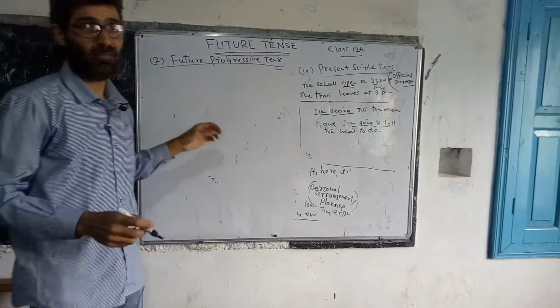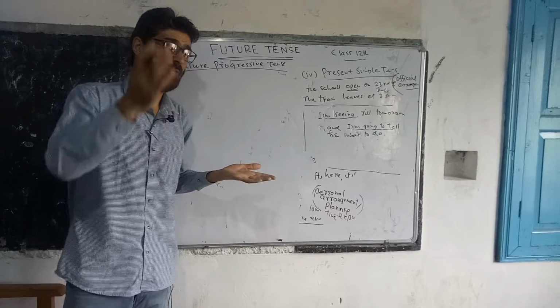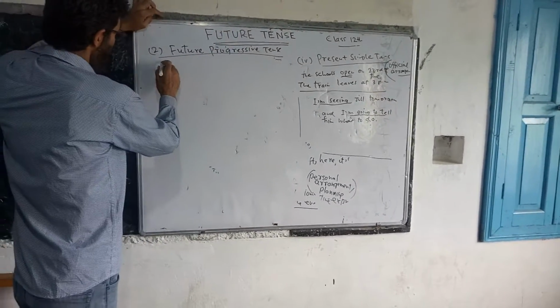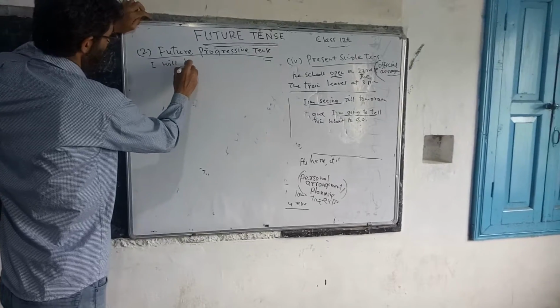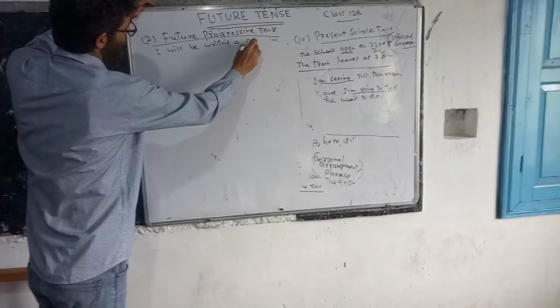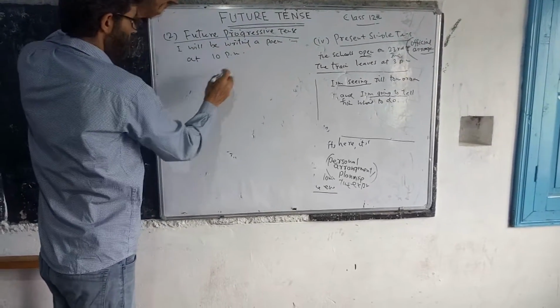I will be doing, he will be doing, she will be doing, they will be doing. इसमें वही आता है, ठीक है ना? तो future में action कुछ देर के लिए continue रहेगी. I will be writing a poem at 10 p.m. ठीक.